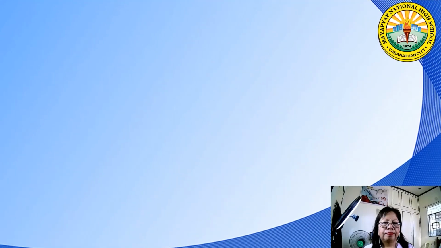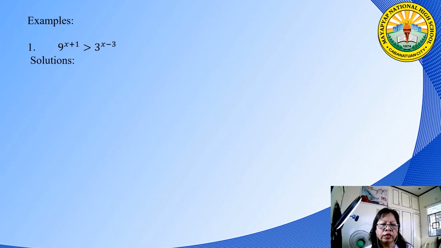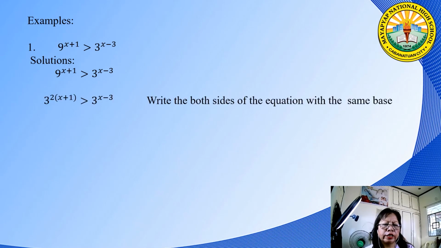Example inequality number 1: 9 raised to x plus 1 is greater than 3 raised to x minus 3. Write both sides with the same base. So factor 9, we have 3 to the second power. Then their bases are the same, so you apply the one-to-one property of exponential function.